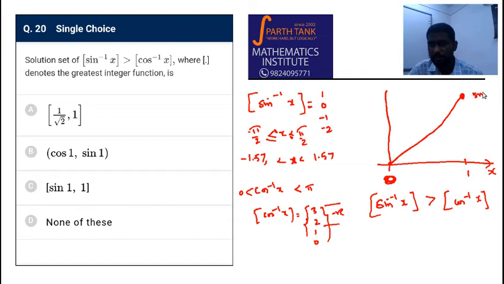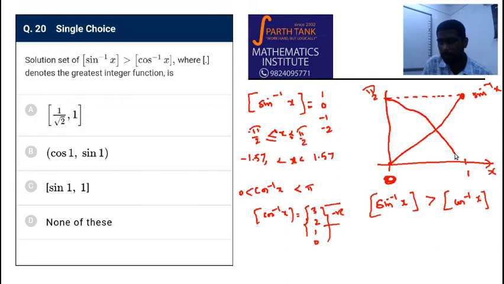Let this be sine inverse of x. So this has a value π/2. Cos inverse of x would be the other way, right? It will come down. This will be cos inverse of x. Here, both will intersect at π/4 because sine inverse is equal to cos inverse of x.